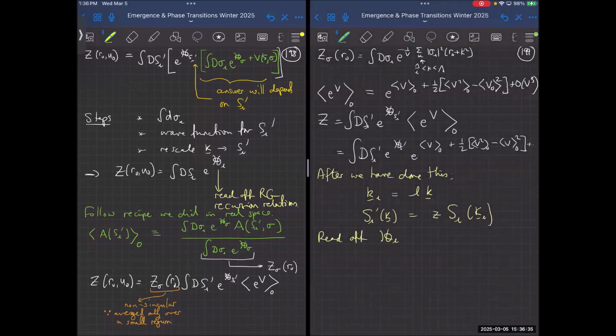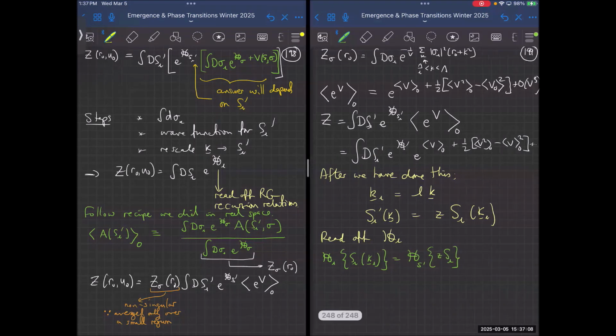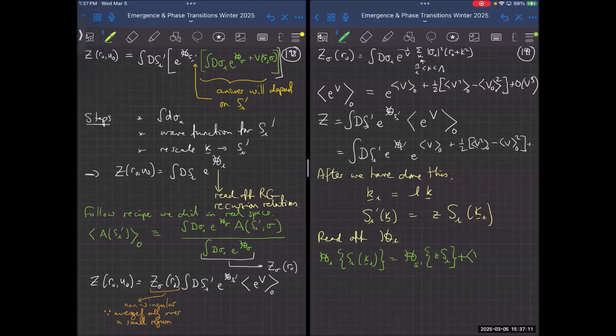What I'm going to get is that the effective Hamiltonian at scale L is going to depend on some new spin variables, S_L, labeled by kL, all at scale L. That's going to be the effective Hamiltonian for the long wavelength variables, but now as a function of z times S_L, because originally they were a function of S_L', now it's going to be a function of z times S, and then the expectation value of V, whatever that is, plus 1/2 the expectation value of V squared minus <V> squared, and these are all with respect to the zero.